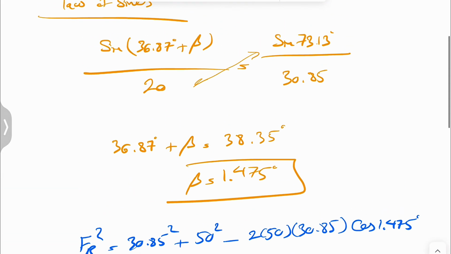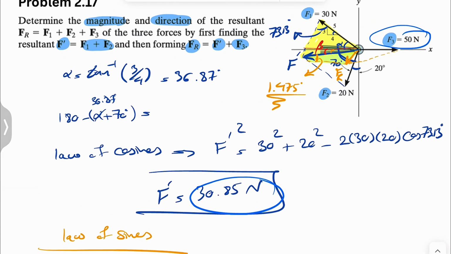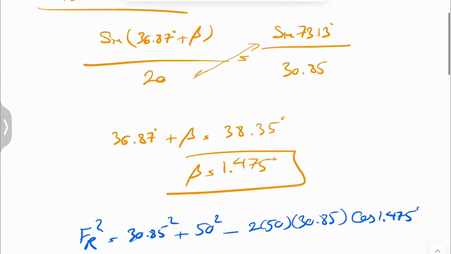And the last step is the angle that it makes. So we can go with the sine of this angle over FR. So sine of 1.47 degrees over the FR we found, and just to give it a little bit more accuracy, 19.18. And for the other angle, let's find this angle, which we can call gamma.